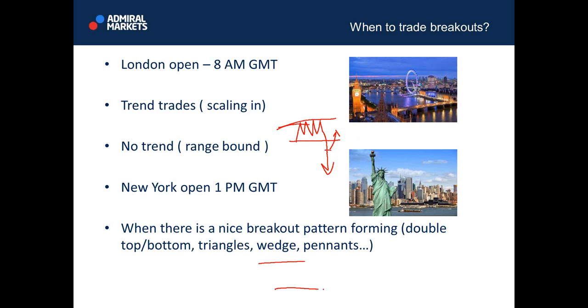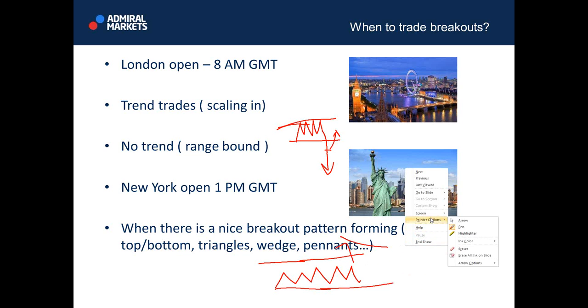Usually, if you spot a big range on higher time frames, once that range is broken, that can lead to a significant breakout, even 100 and more pips. But for that, you need to go and visit higher time frames, not 5-minute charts.